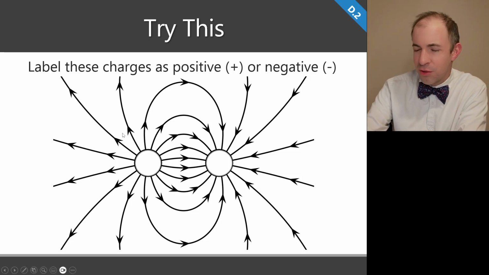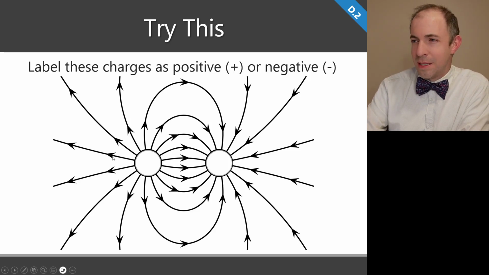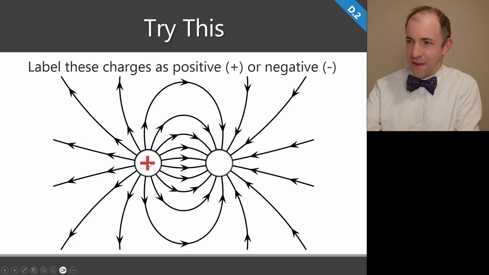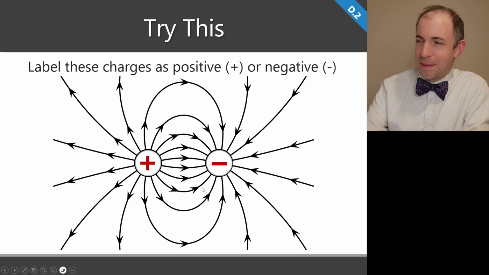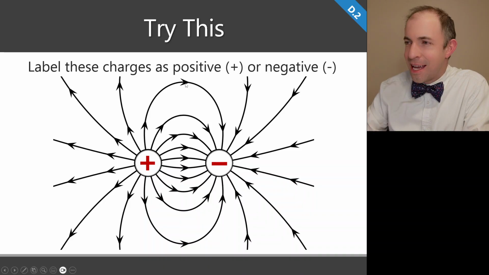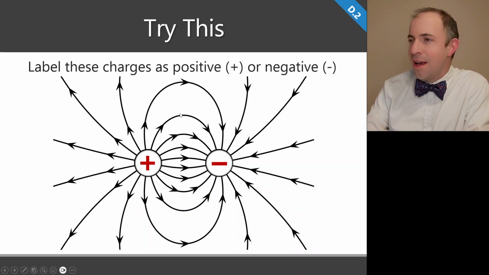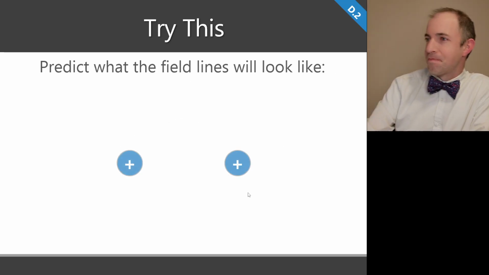If I place a positive charge anywhere on one of these lines, it travels in that direction, which means it's moving away from the one on the left and toward the one on the right. So the left must be positive and the right must be negative. If I were to place something in one of these curves, it won't go directly at the negative; it will move sideways because the positive and the negative are both impacting it a little bit.